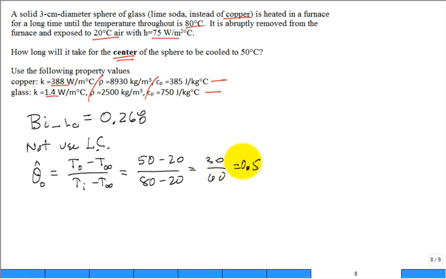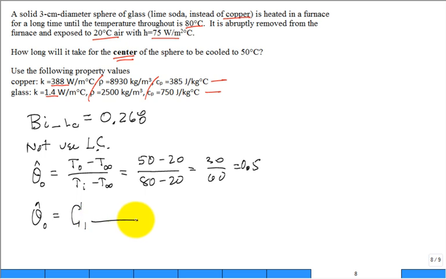So theta hat, that dimensionless ratio of temperature differences at the center line, needs to be a half. Okay, we say that this theta hat naught is equal to a constant C1.